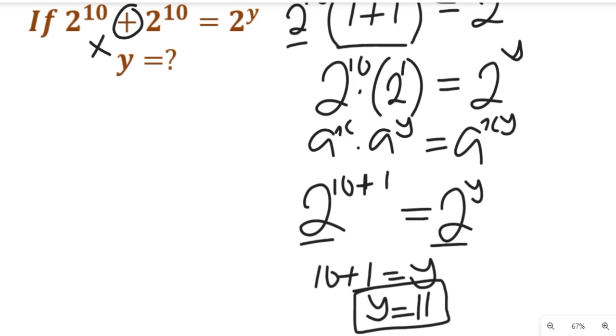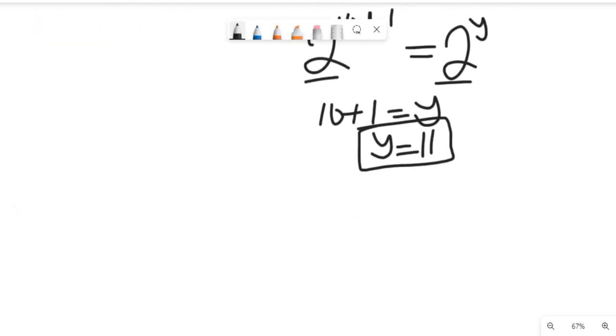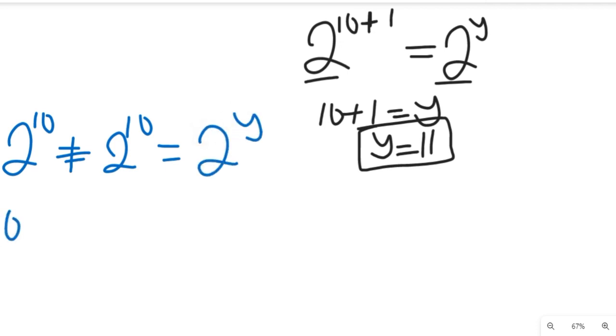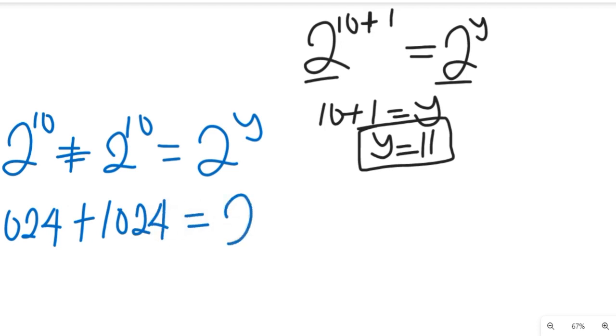If you are surprised about how we get this solution, then check this out. Let's check. We are given 2 to the power of 10 plus 2 to the power of 10, and that is equal to 2 to the power of y. Now, 2 to the power of 10 will give us 1024, plus 2 to the power of 10 will give us 1024, and this is equal to 2 to the power of 11.